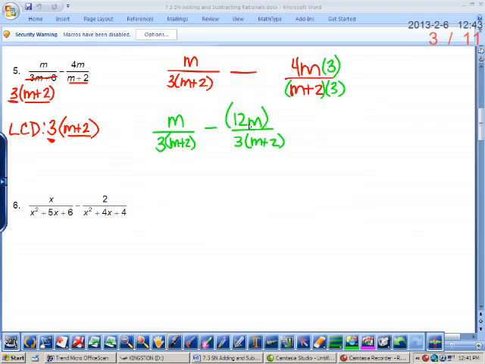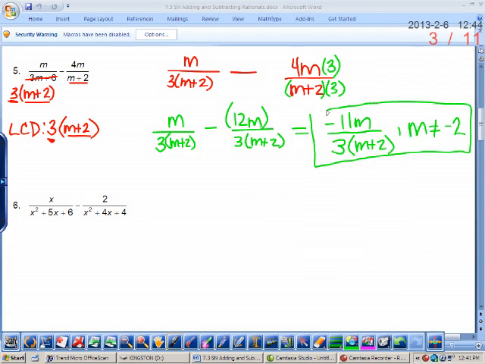M minus 12m, negative 11m over 3 times m plus 2. What can m not equal? Negative 2. Questions on that one? Yes, you could distribute that 3 in the denominator, but it's not necessary.